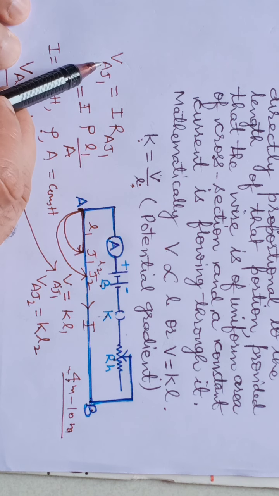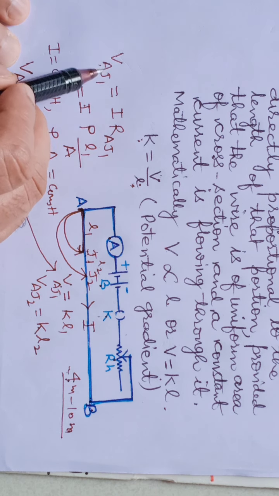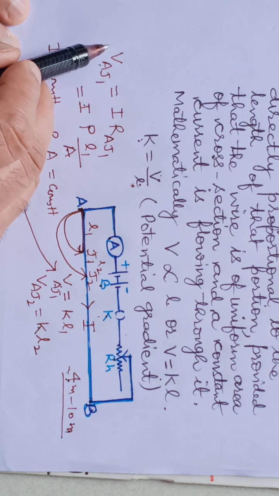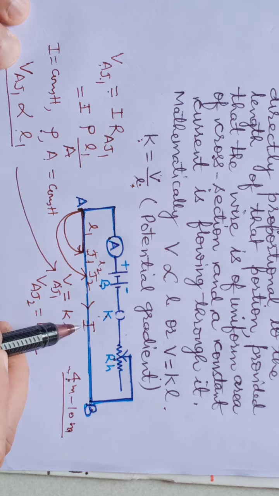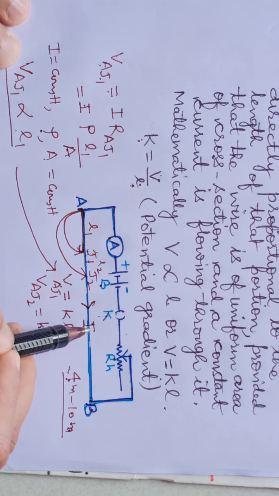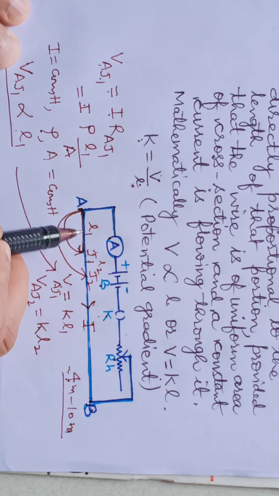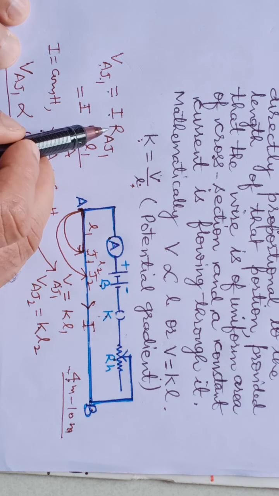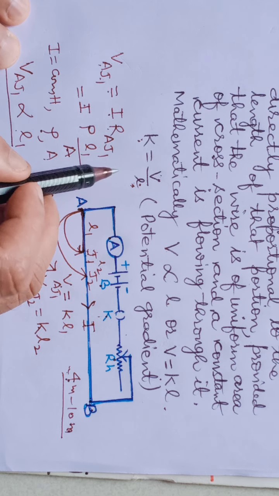Now suppose J1 is a point here, AJ1. So VAJ1, fall of potential between point A and J1, is nothing but the current flowing through the wire I into the resistance of this portion according to Ohm's law, RAJ1.